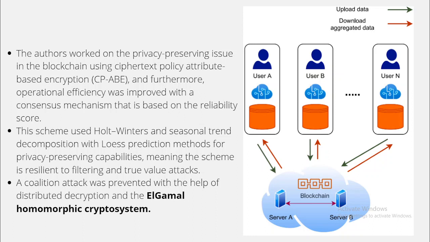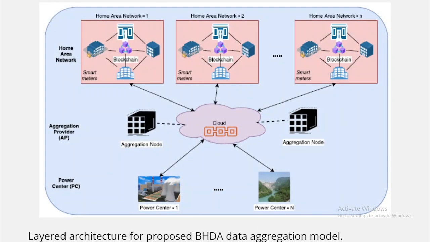And onto the next slide, we have the image about home area network, then aggregation provider, and the power center, which are connected to the cloud storage and aggregation node. Then from now onwards, Venus will continue.